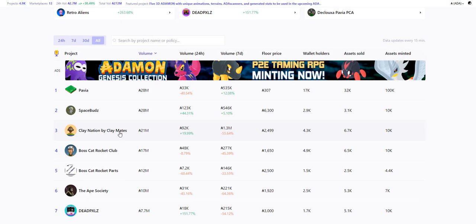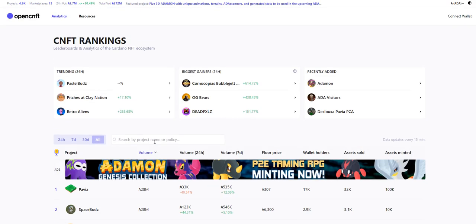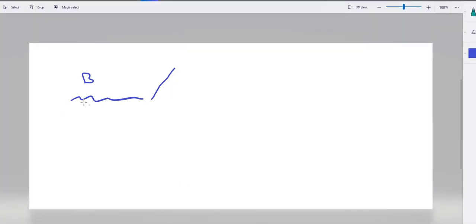You can look down here and see what this has done in the last 24 hours versus all time of the project's life cycle. So you can look at those different things. Usually once you get to the largest gainers, you've already passed the basing phase. You're either towards the end or the middle of this up move.